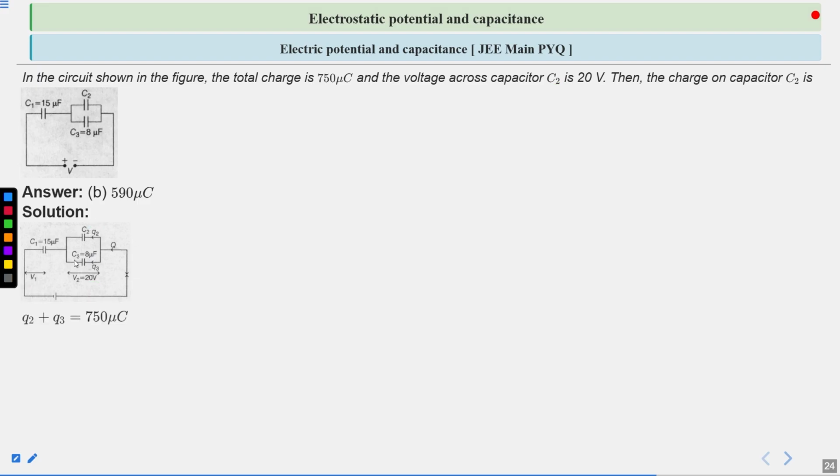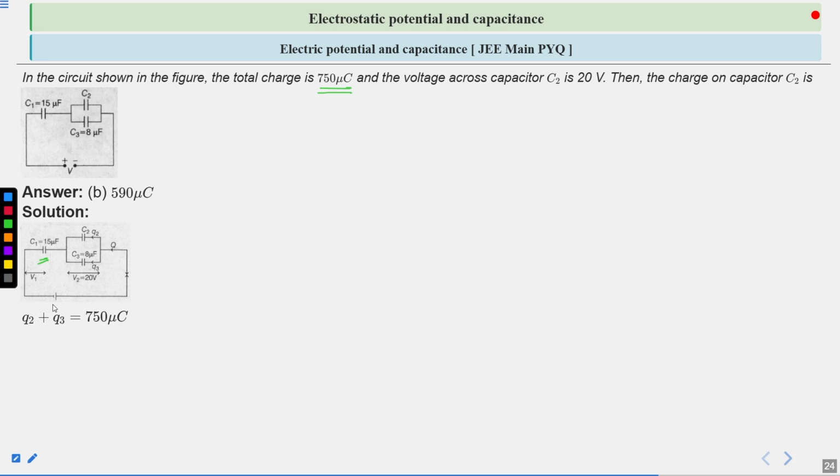So how will we find it? We know that the charge in a series circuit will be the same. So the charge on C1 will be 750 microcoulomb.